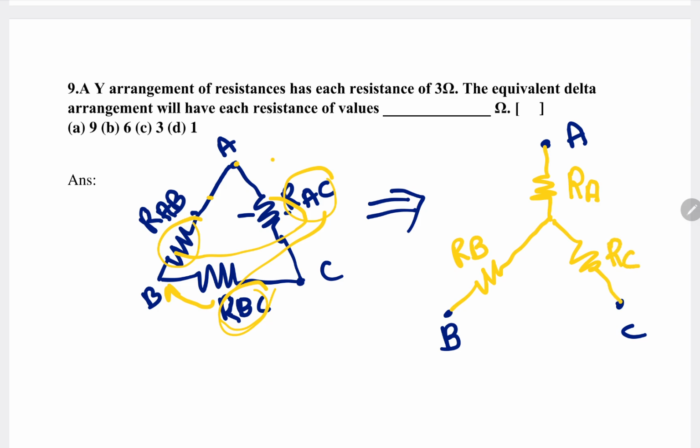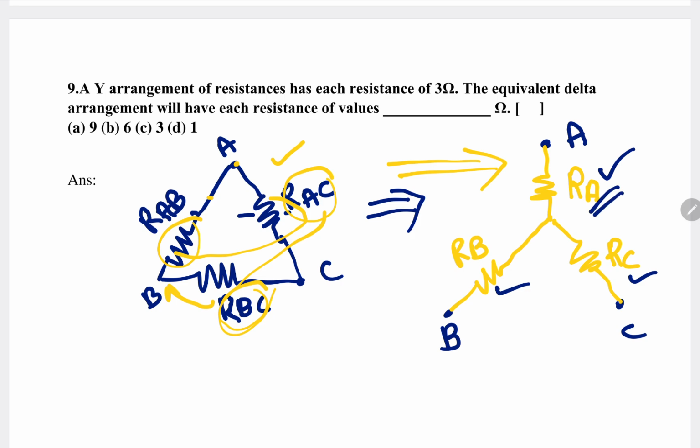Now the delta network in the circuit I am changing into a star network. Now I want to find the RA, RB and RC values. First of all I will find RA.